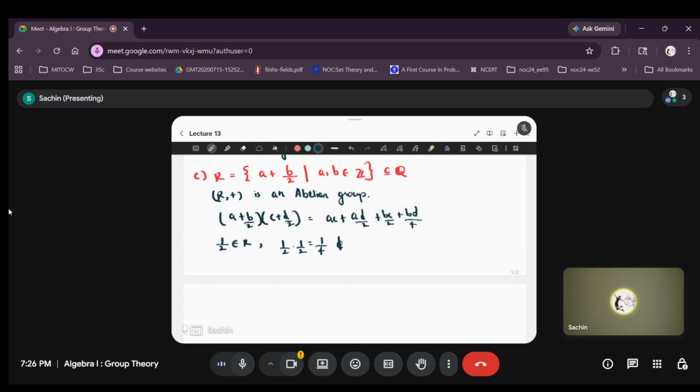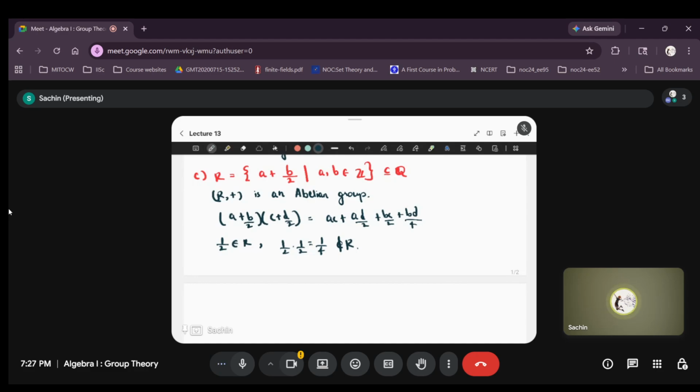It's not in R. This you can check yourself. Try to write 1/4 as a plus b by 2. Then write b in terms of a or a in terms of b and see whether that can be an integer.